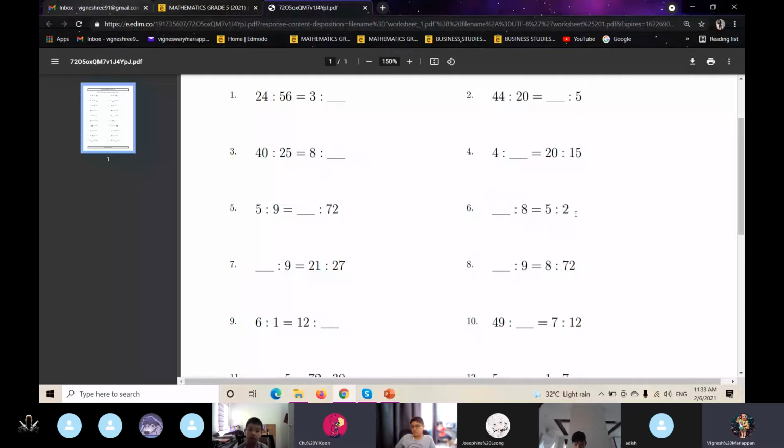Here also the second fraction is already given, 2. So 2 times 4 is equal to 8. If you use 4, 5 also you need to multiply by 4. So your answer is you will get 20.